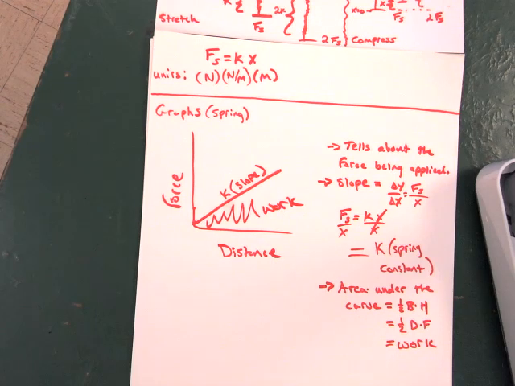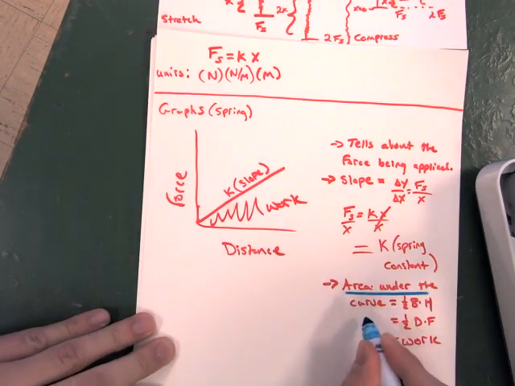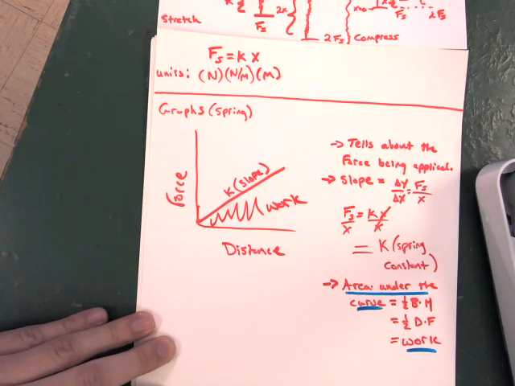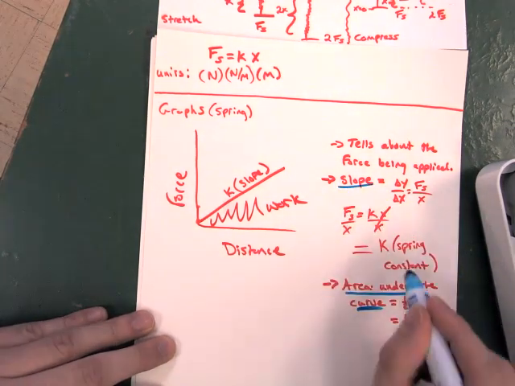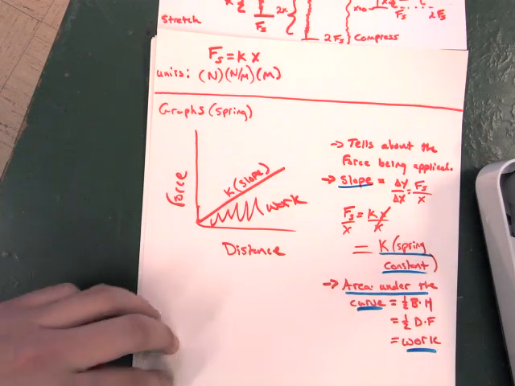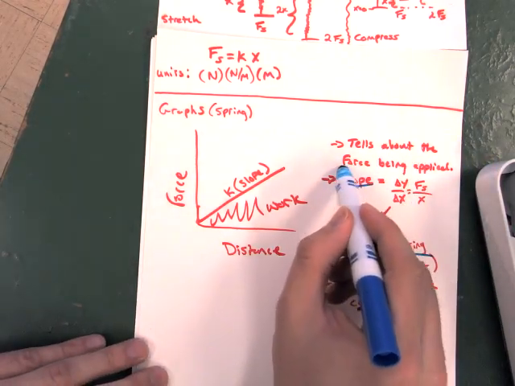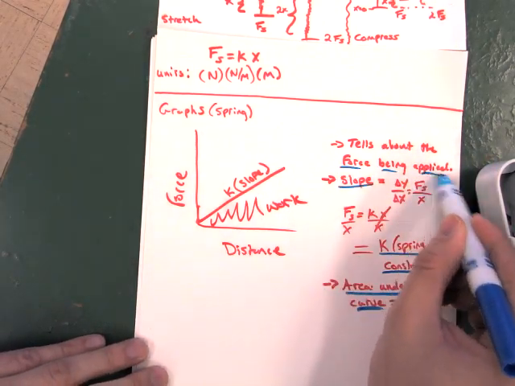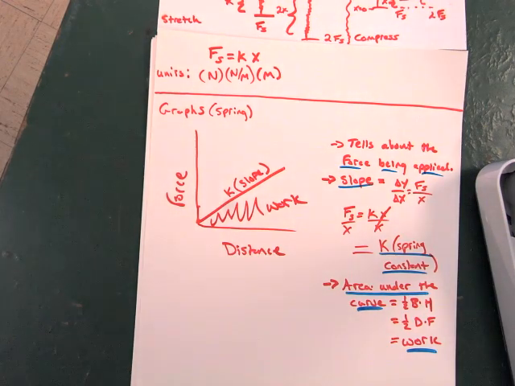Area under the curve gives you work. The slope gives you k, the spring constant. And this tells us about the force being applied. So that's everything this graph can tell us when dealing with springs. You can find how much work is done on the spring, and how stiff the spring is by finding the spring constant.